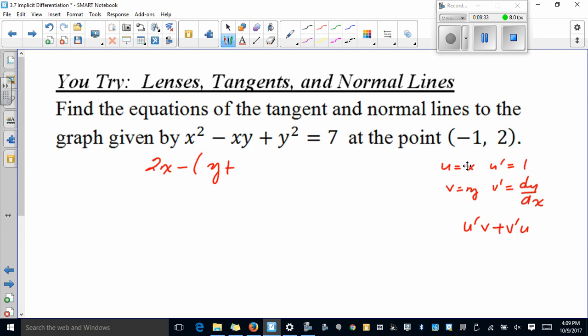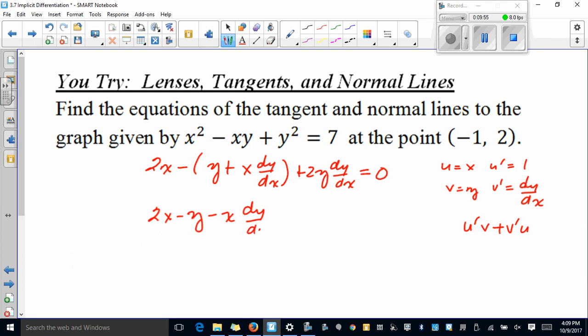Plus 2y dy dx equals 0. Got to distribute that negative through, so I get 2x minus y minus x dy dx plus 2y dy dx equals 0.